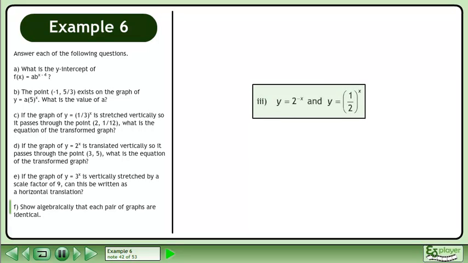In part 3, show that y equals 2 to the negative x and y equals 1/2 to the x are equivalent. Rewrite 2 to the negative x as 2 to the negative 1 raised to the power of x. Two to the power of negative 1 equals 1/2, so we get y equals 1/2 to the x, which is the same as the second function.